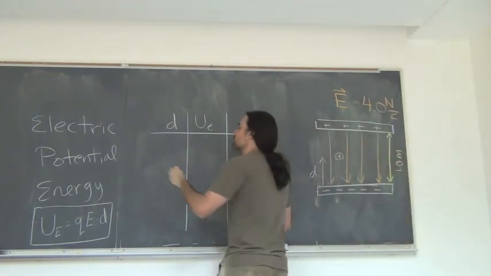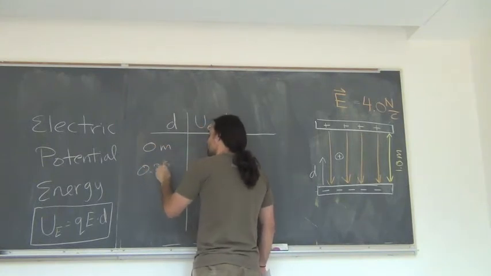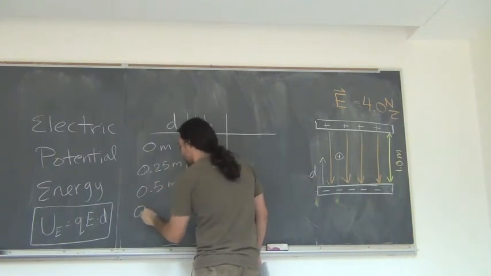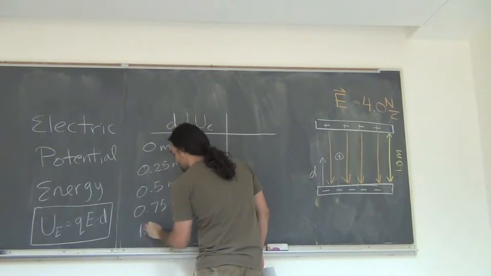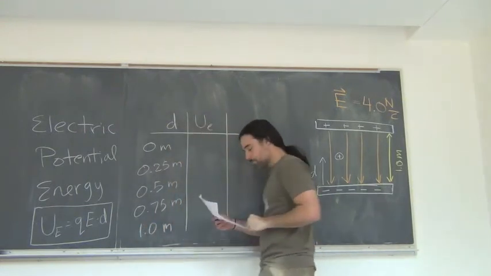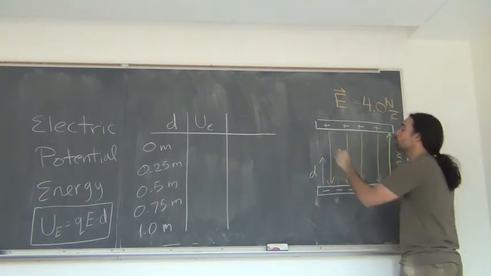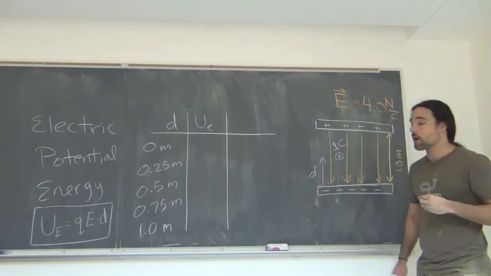And we're going to do this for a bunch of different distances. We'll do it for 0 meters, 0.25 meters, 0.5 meters, 0.75 meters, and then all the way to the top, let's say 1.0 meters. And let's make this charge a 1 coulomb charge.